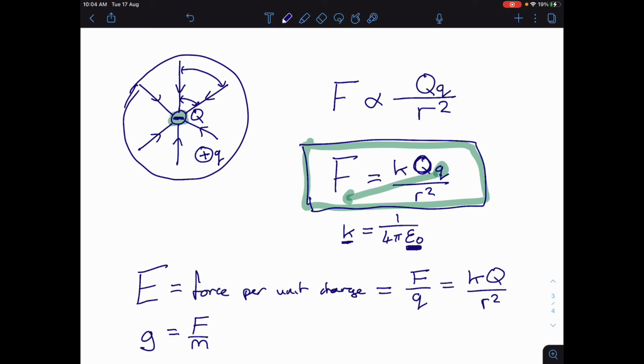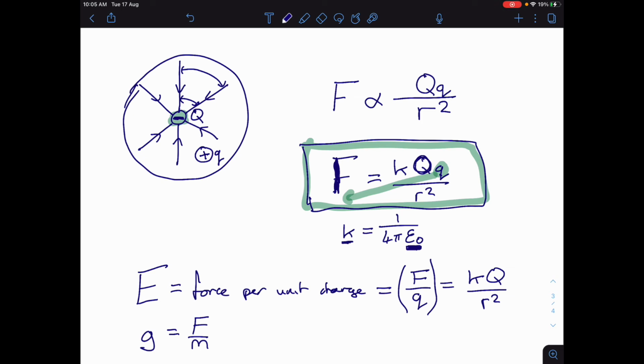All that's saying really is that the electric force is the force experienced by an actual charge in that electric field. But if you don't have a charge, there can still be an electric field. If you don't have a secondary charge or object to put in the field, there's still the electric field there, but there's no force experienced. There would be a force experienced if you put a charge in. So the electric field strength is basically a slightly more general term for the strength of a field.